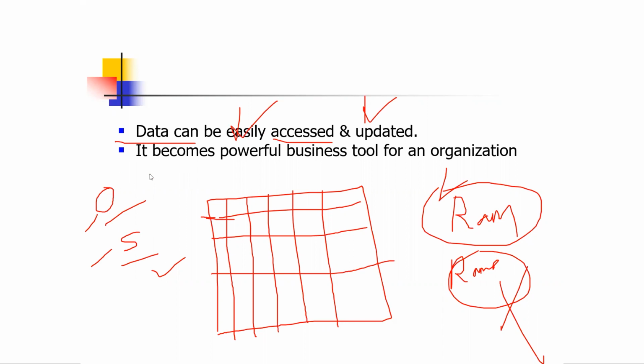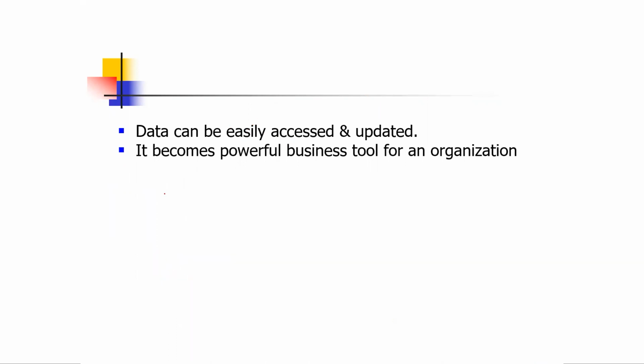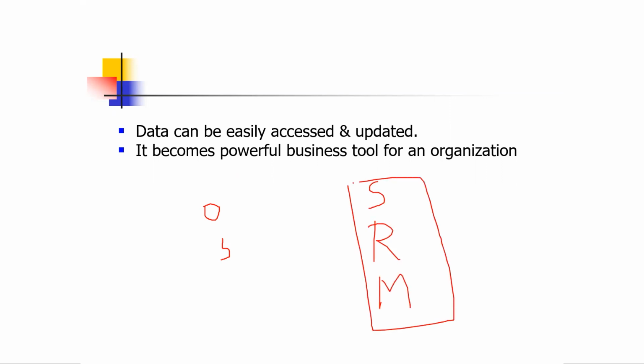Now you understood the definition of database. The database is the collection of data in an organized, structured format so that we can easily store the data, retrieve the data, manipulate the data.